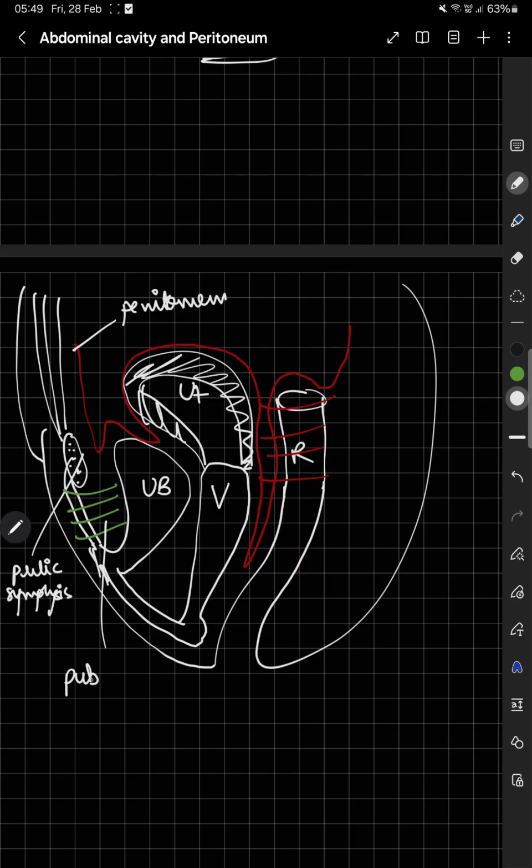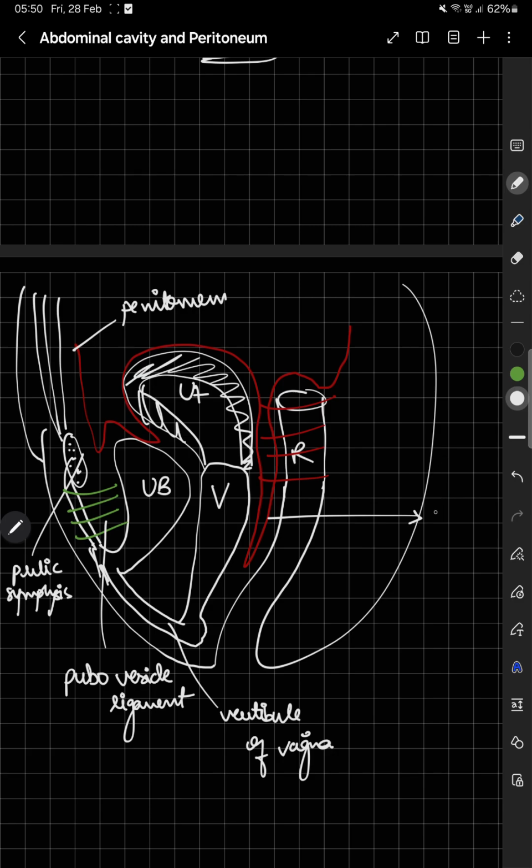This is known as our pubovesicular ligament. I think the general term for urinary bladder is vesicle because we had vesico-uterine pouch before. So it's like pubovesical ligament, urinary bladder, and then this is the vestibule of vagina, uterus, rectum, and this part which is present between the rectum and uterus is our recto-uterine pouch.